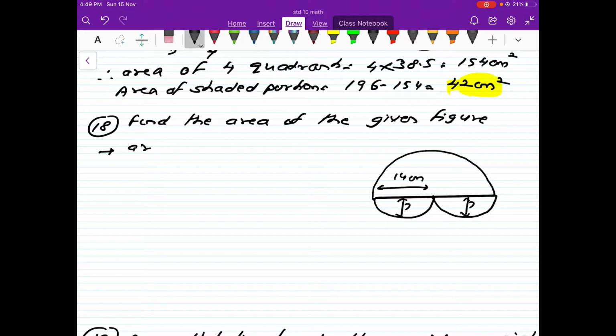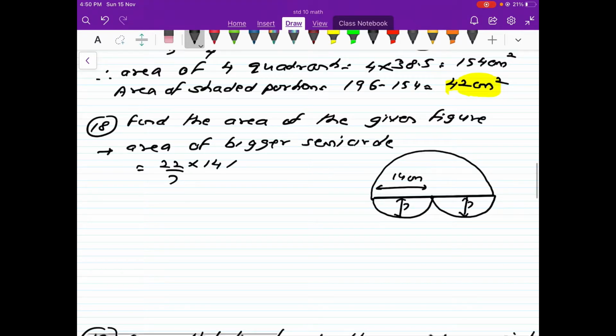So we will write the area of the bigger semicircle. It is pi r square by 2. So 14 is the radius. So 22 by 7 into 14 into 14 upon 2, 7 2s are 14. So 22 into 14. So we are getting 308 centimeters square.